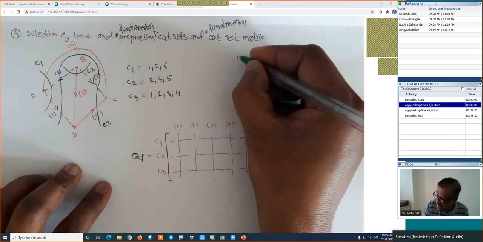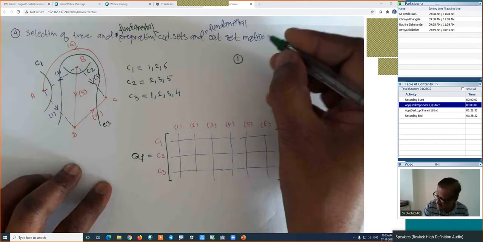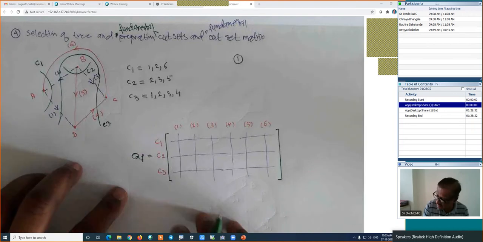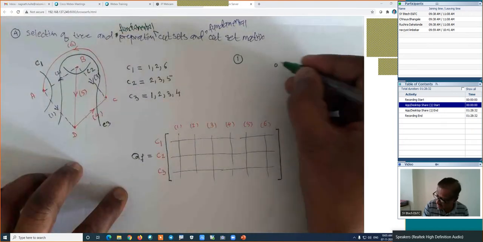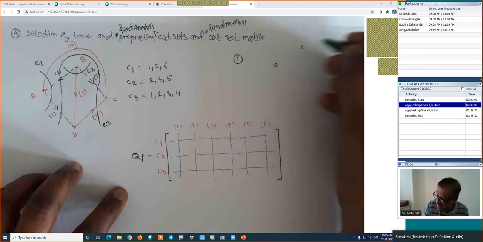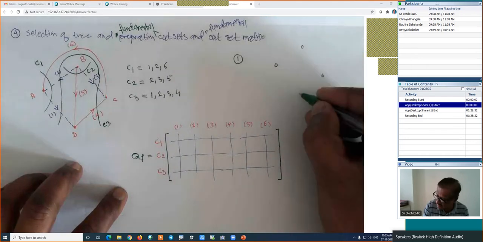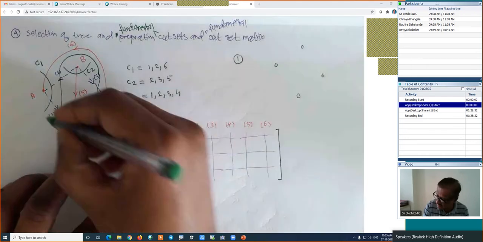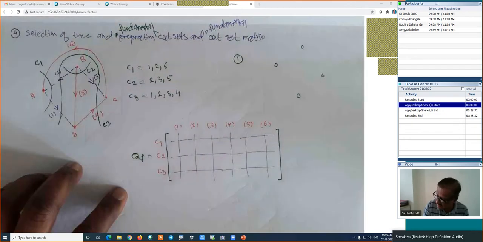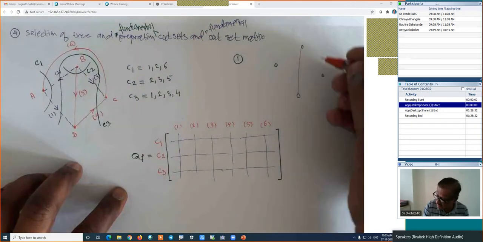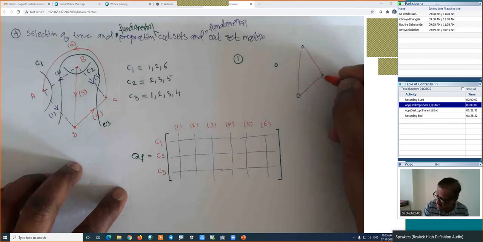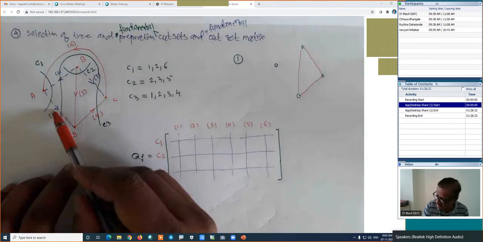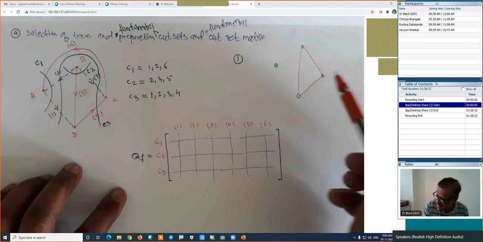Now here, for cut set number 1, if we are removing 1, 2, 3, these 3 branches, how will be the remaining part of the graph? The remaining part of the graph will be something like this. If we are removing 1, 2, 3, here is one branch, this is another branch, and this is another branch. Is it right? We have removed 1, 2 and 3, means remaining branches will be 3, something like this.